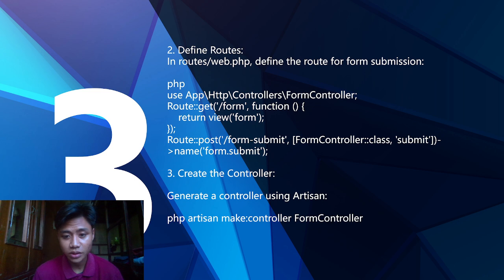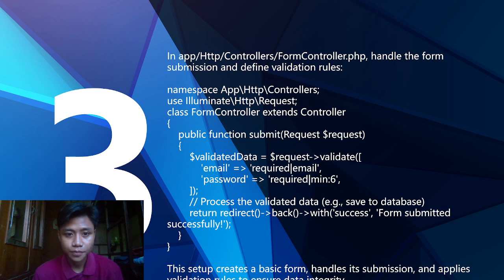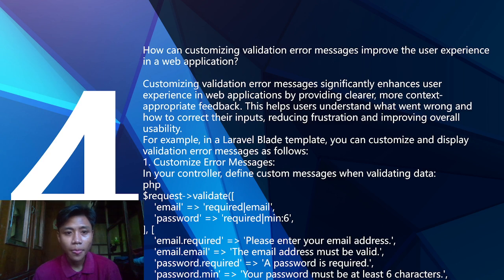Generate a controller using artisan: php artisan make:controller FormController. And in Http/Controllers/FormController.php, handle the form submission and define validation rules, and then copy this code.